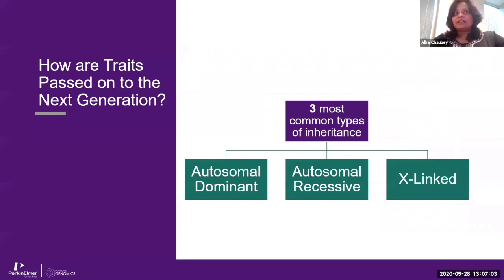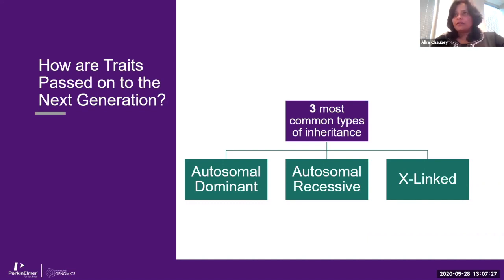When I mentioned the mode of inheritance for any genetic disorder, what that translates into is how traits are passed on to the next generation. If we look at the broad buckets, there are 3 most common types of inheritance: autosomal dominant, autosomal recessive, and X-linked.